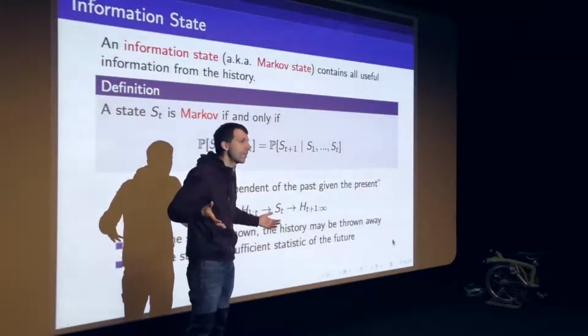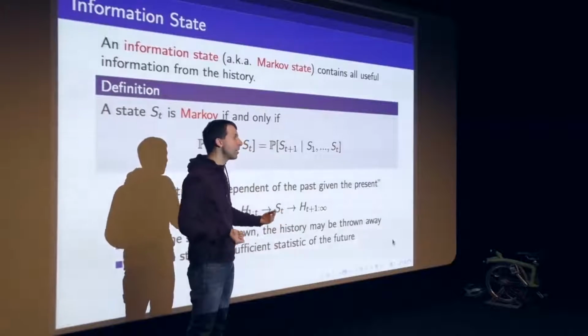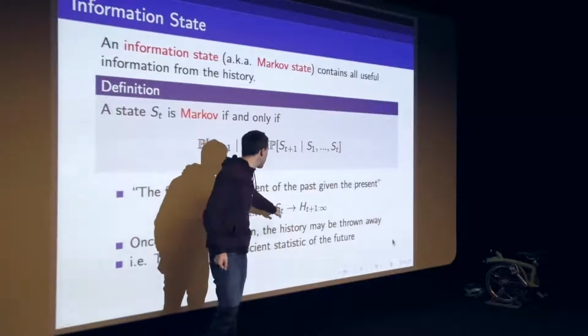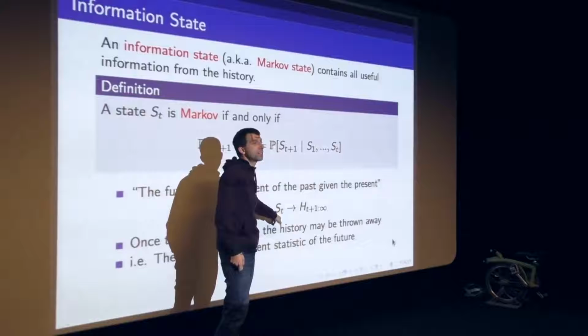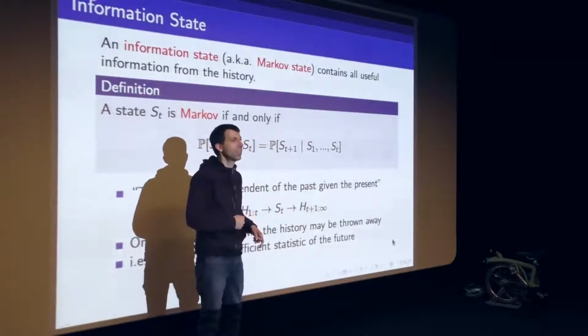So we still have to figure out how to take the right actions. We still have to figure out what the optimal behavior will be. All this tells us is that if we make decisions based on S, those decisions can still be optimal because we haven't thrown away any information. We haven't talked yet about how to make decisions based on S rather than H.